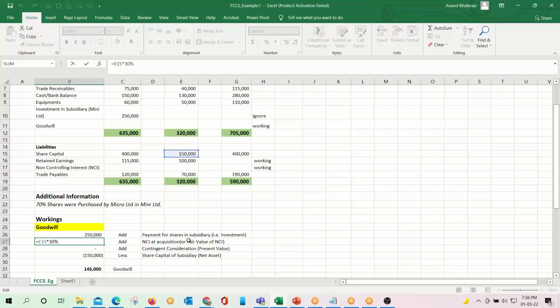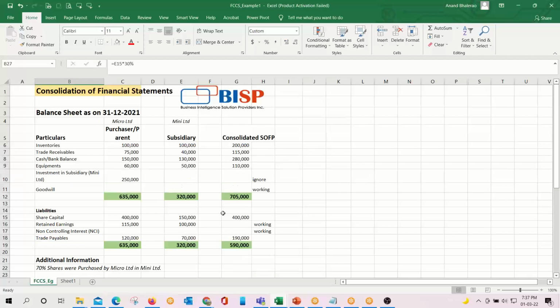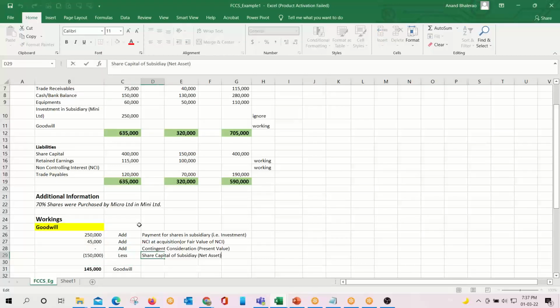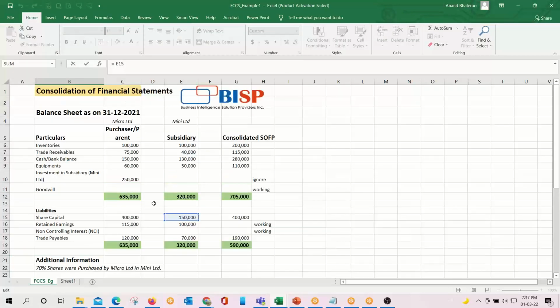Here we will consider the non-controlling interest at the time of acquisition. The share capital is 1,50,000, out of which 30% belongs to other shareholders, that is the percentage not owned by Micro Limited, the purchaser or parent company. We will consider that amount while calculating the goodwill, and we will deduct the share capital purchased from Mini Limited.